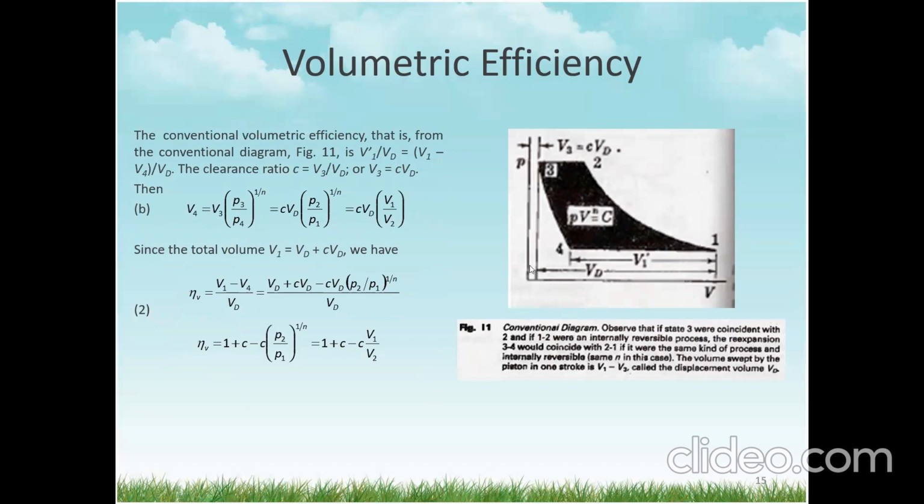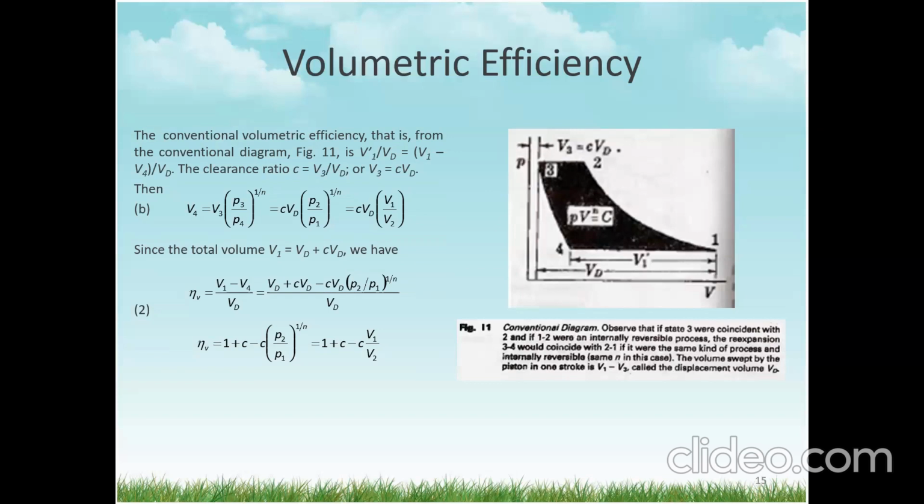The clearance ratio C is equal to B sub C over B sub D, or B sub C is equal to C times B sub D. So then, B sub 4 is equal to B sub 3 times P sub 3 over P sub 4 exponent 1 over N, which is equal to C times B sub D times P sub 2 over P sub 1 exponent 1 over N.